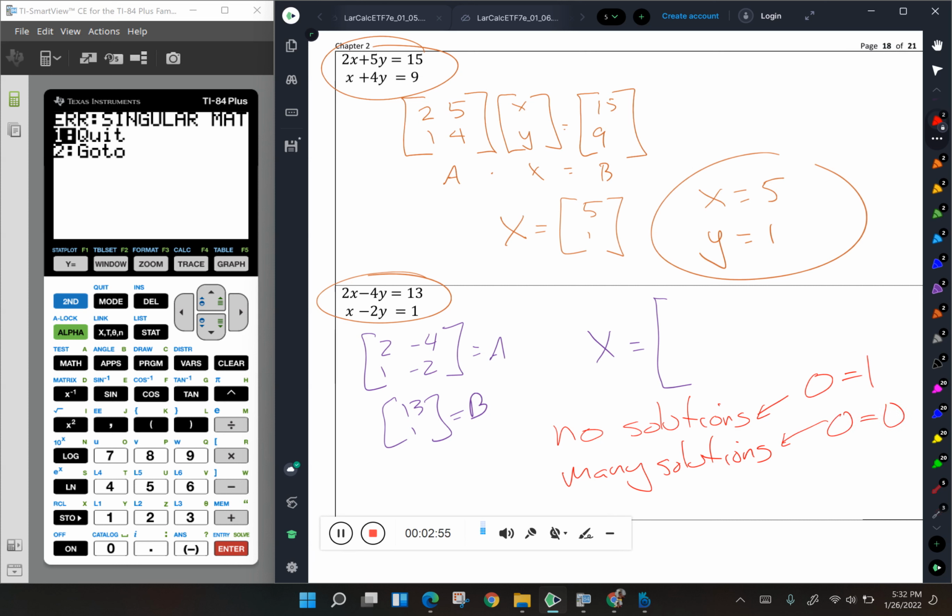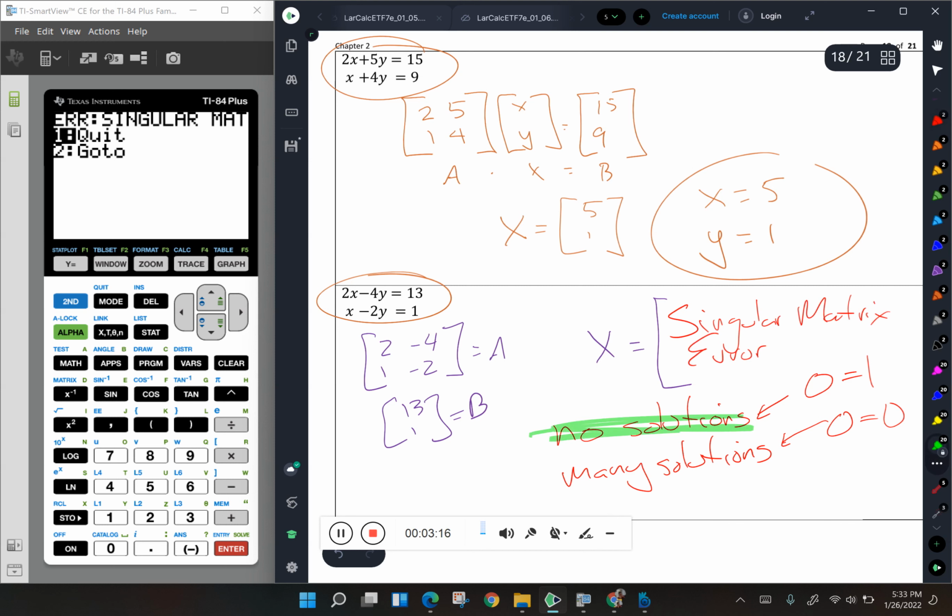With matrix algebra, anytime I see that error right there, anytime I see that singular matrix error, I know that one of these two things has happened.